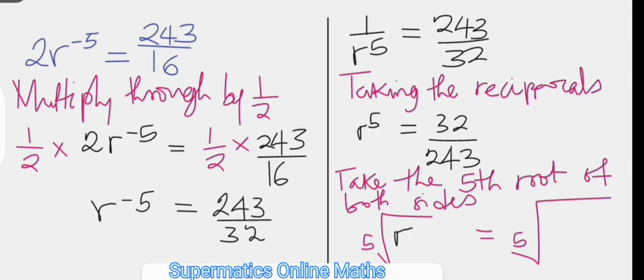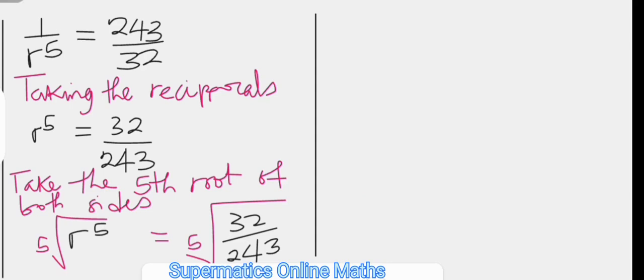That's the 5th root of r to the 5th power and the 5th root of 32 over 243. And taking the 5th root of r to the 5th power gives r, and the 5th root of 32 is 2, and the 5th root of 243 is 3. So r has the value 2 over 3.